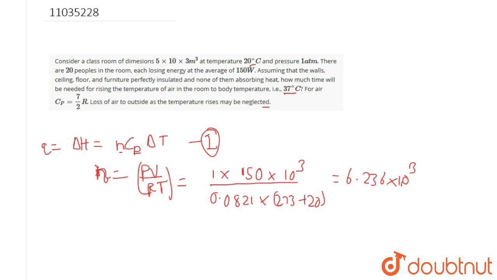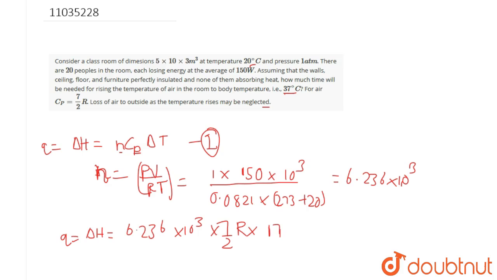So अगर हम ये number of moles को इस equation 1 में substitute कर देते हैं, so Q is equal to delta H is equal to 6.236 into 10⁻³. Cp is given, that is 7/2R, and change in temperature, that is 37 minus 20, that is 17 degrees Celsius, represented in Kelvin.